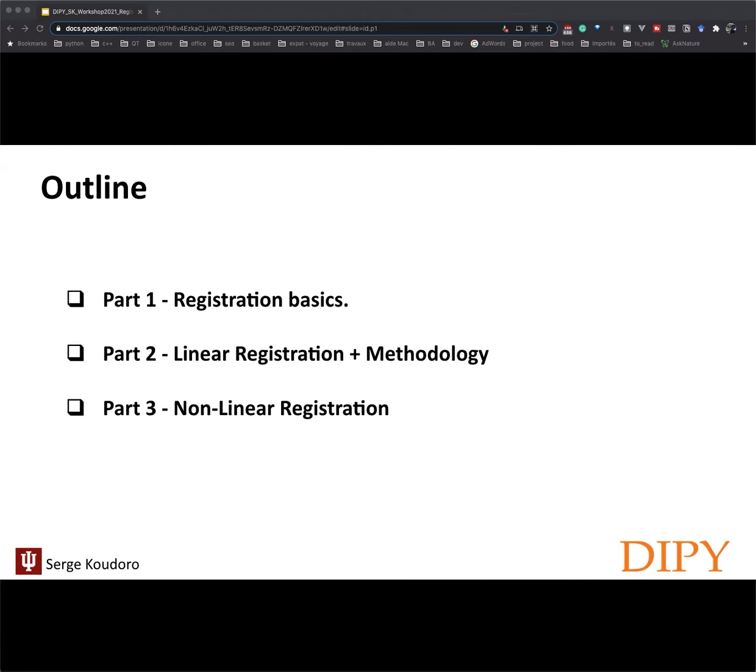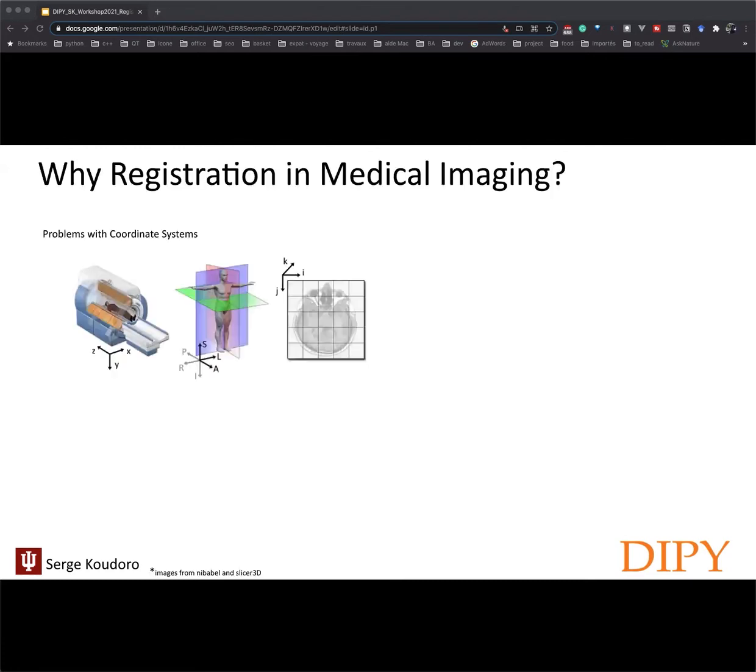So why do we need image registration in medical imaging? There is a common issue when dealing with medical images and applications. This common issue is the coordinate system. As you can see in this picture, we have 3 different coordinate systems. The first one is the coordinate X, Y, Z that we call the world coordinate.